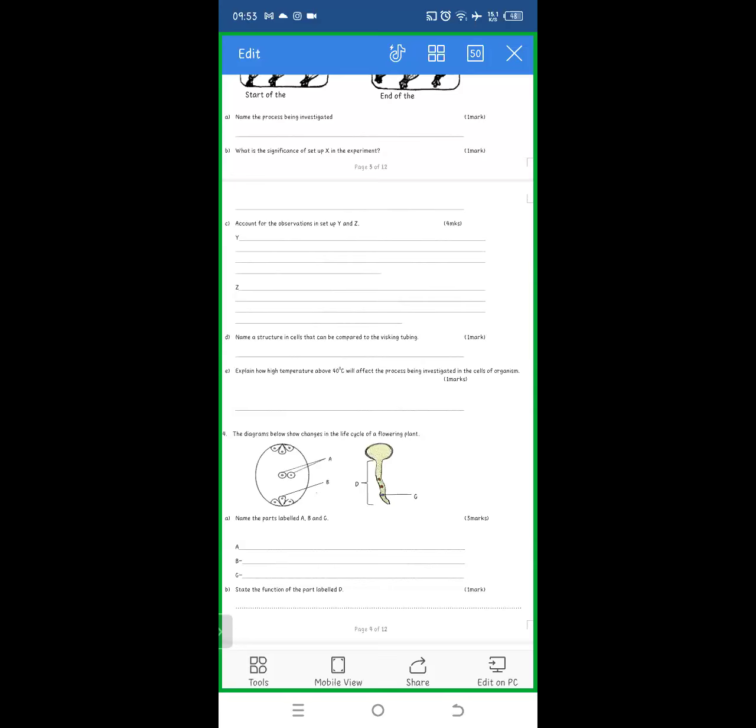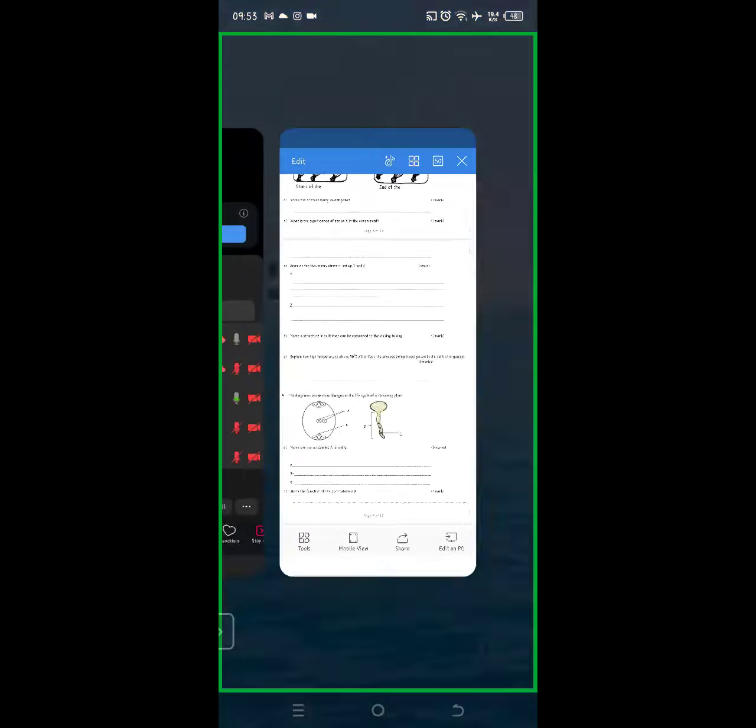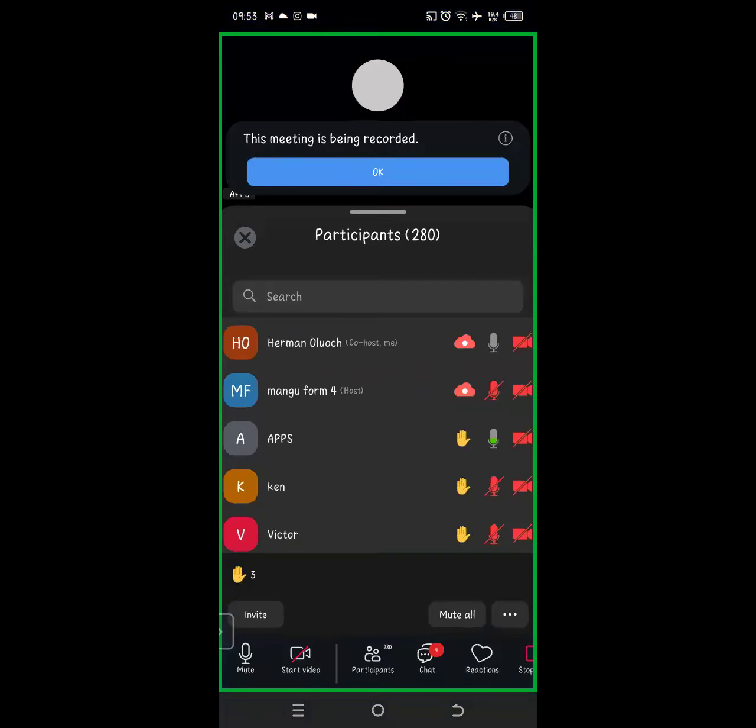I think osmosis will not take place, or the normal functioning of the cell will not take place. Okay, that is a very good trial. Let us also hear other people's input. That is a good one. Thank you.